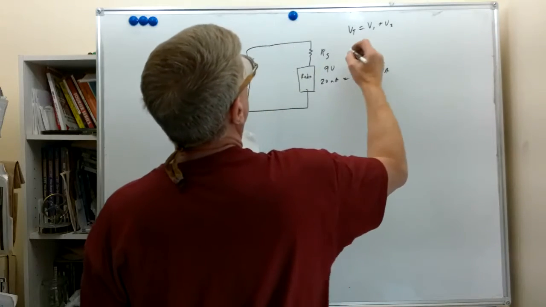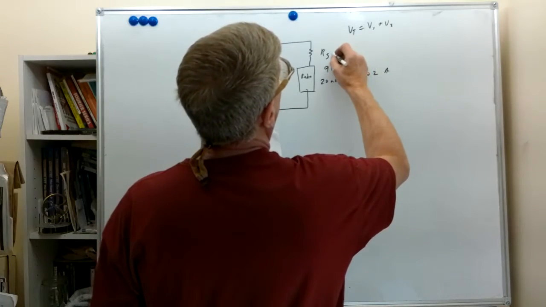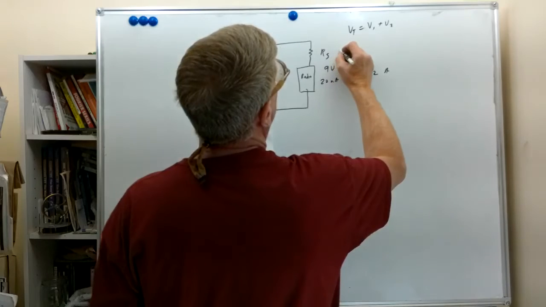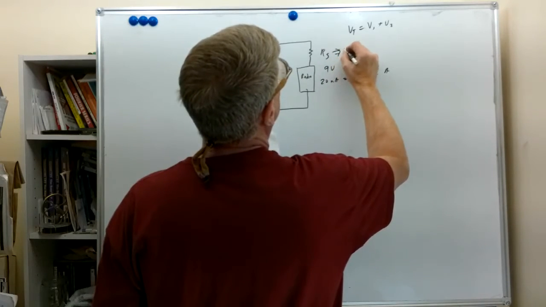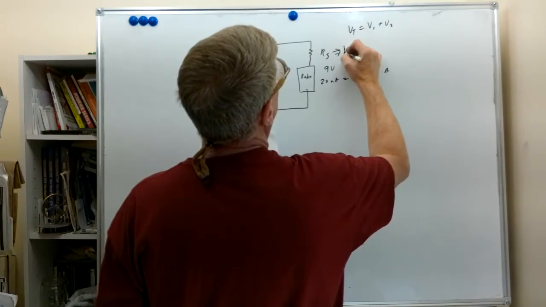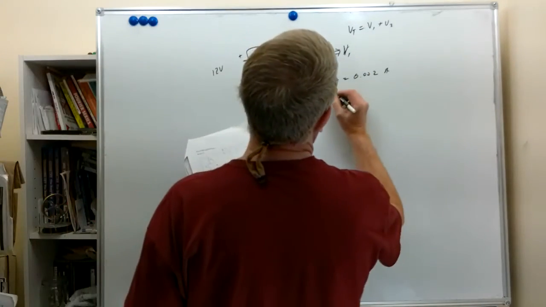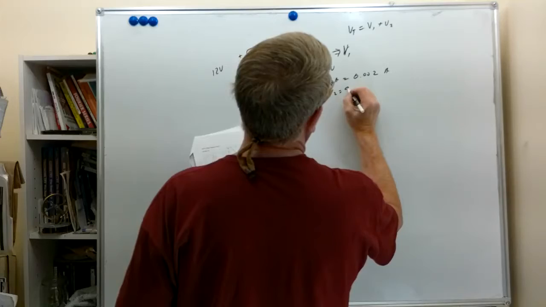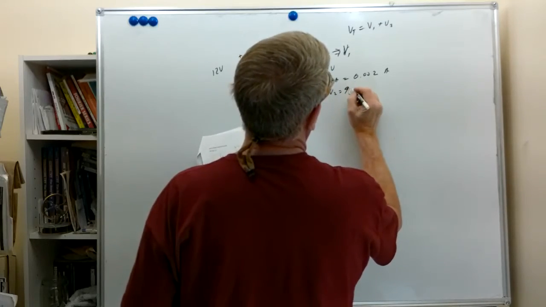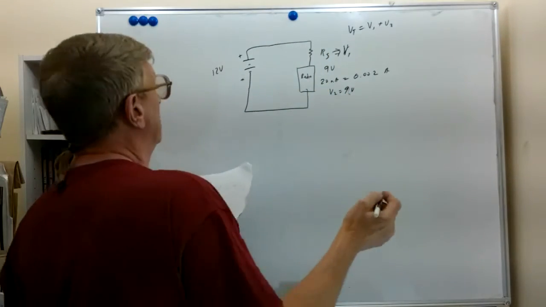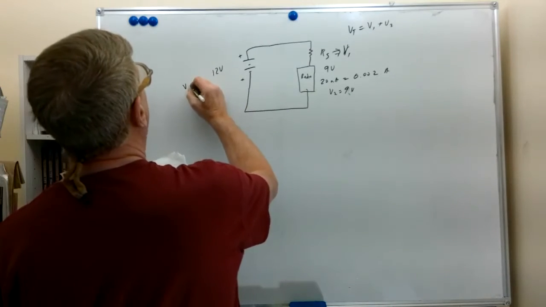We're going to say that V1 equals the voltage dropped across RS, and V2 equals the 9 volts needed to run this little radio.